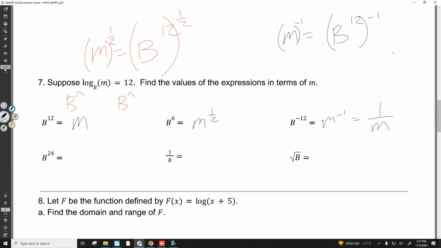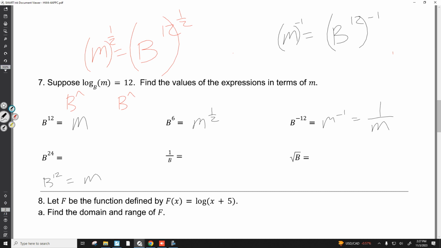So Roy, there's probably a conceptual way to get these answers. Sorry, I have b to the 12th equals m.